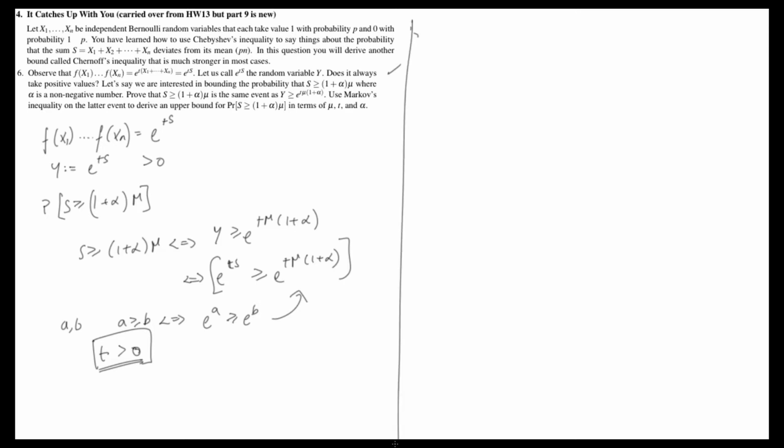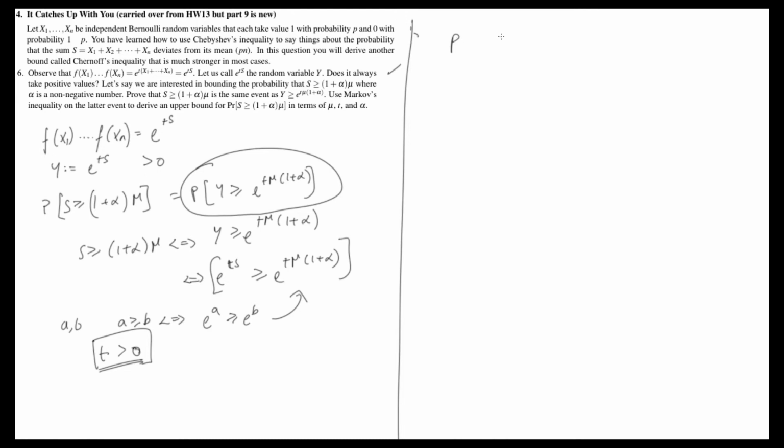Now we want to use Markov's inequality to find a bound on the probability of s greater than or equal to 1 plus alpha times mu. We just proved that the events are the same, therefore the probabilities of those two events are the same, so this is equal to the probability of y greater than or equal to e to the t mu times 1 plus alpha.